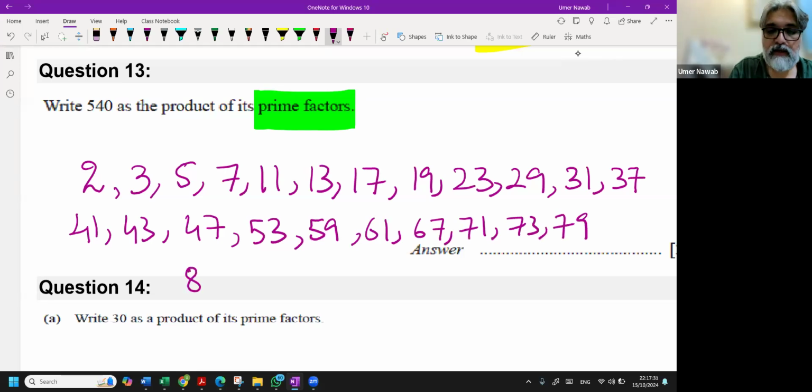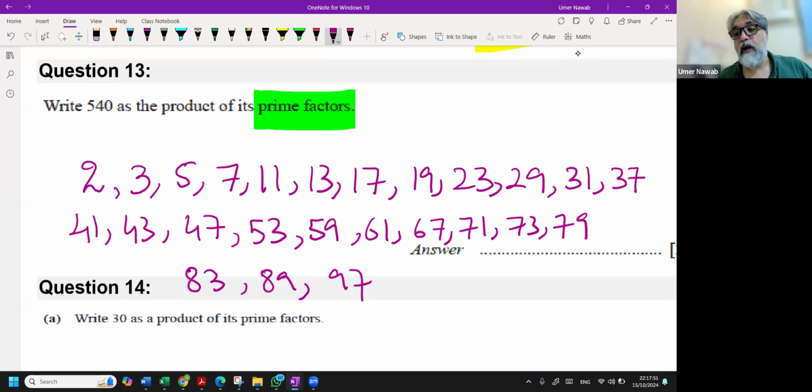Then after that, 83, guys. Not 81, 87. 8 plus 7 is again 15, and the divisibility rule applies here for 3. 89. And then the only number in the 90s, it is 97. And in total there are 25 prime numbers between 1 and 100.